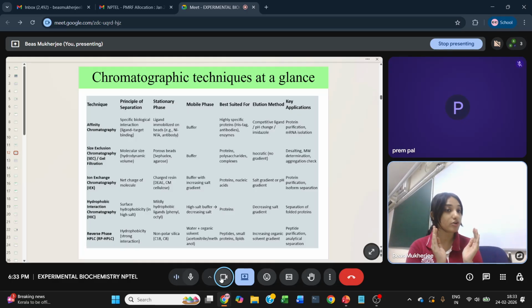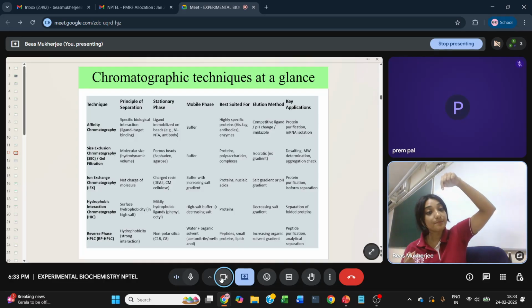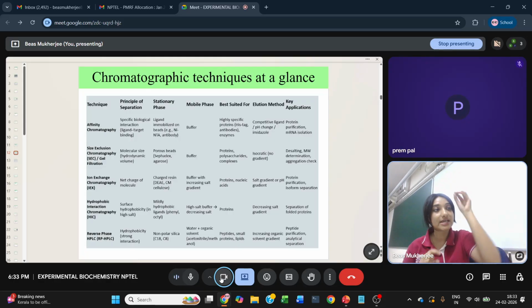Now, the fragments are definitely of different size. So, based on the resolution, we will be able to separate the fragments out. How do we do that? We have this column and the column has porous beads. The smaller fragments will enter inside the pores of the beads, and my protein will enter into the larger pores of the bead.